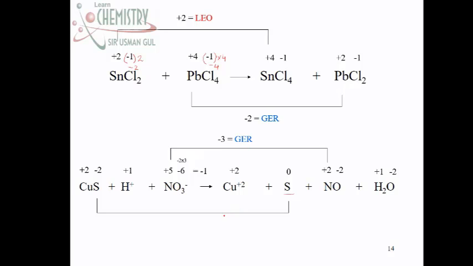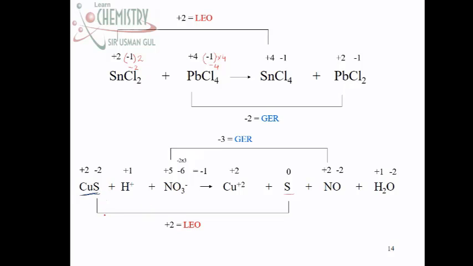On the other hand, sulfur is losing electrons, it is losing 2 electrons. So we represent this in short as LEO: L lose, E electron, O oxidation. This is the way we are able to identify where the oxidation is going on and where the reduction is going on.